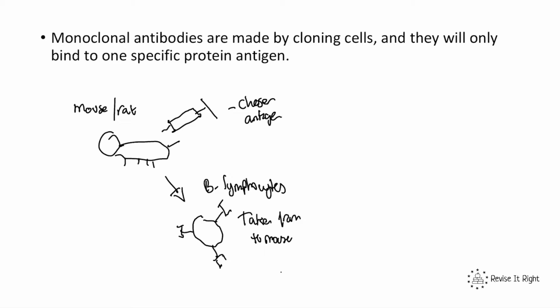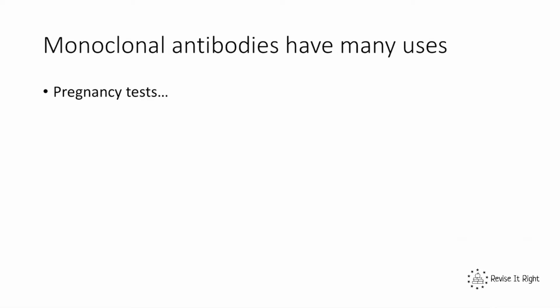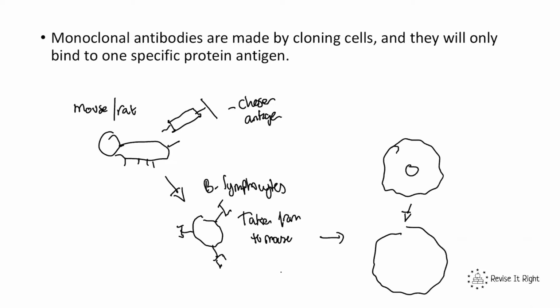Now it's important to understand that these lymphocytes do not readily divide on their own, but something that does readily divide and divide very quickly is a tumour cell. Okay, so we take a tumour cell that has been growing in a lab and we fuse that tumour cell with these B lymphocytes, like so.